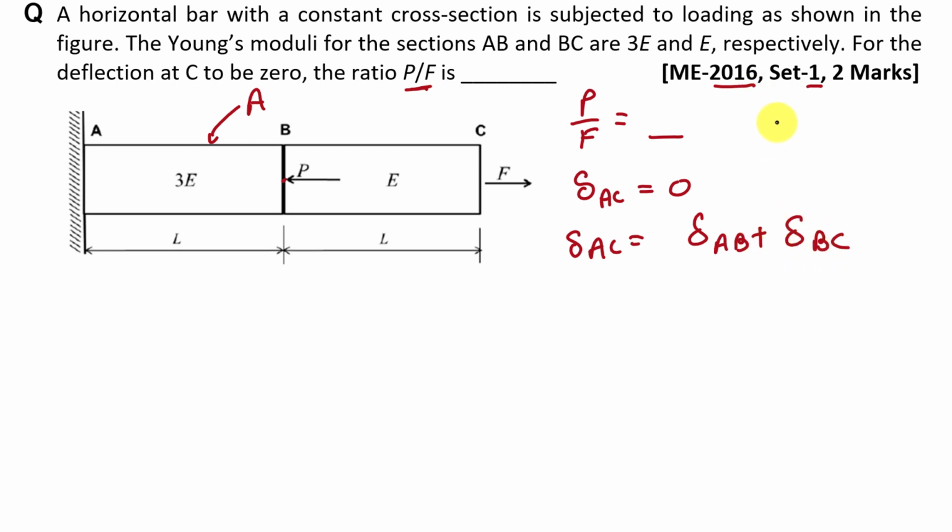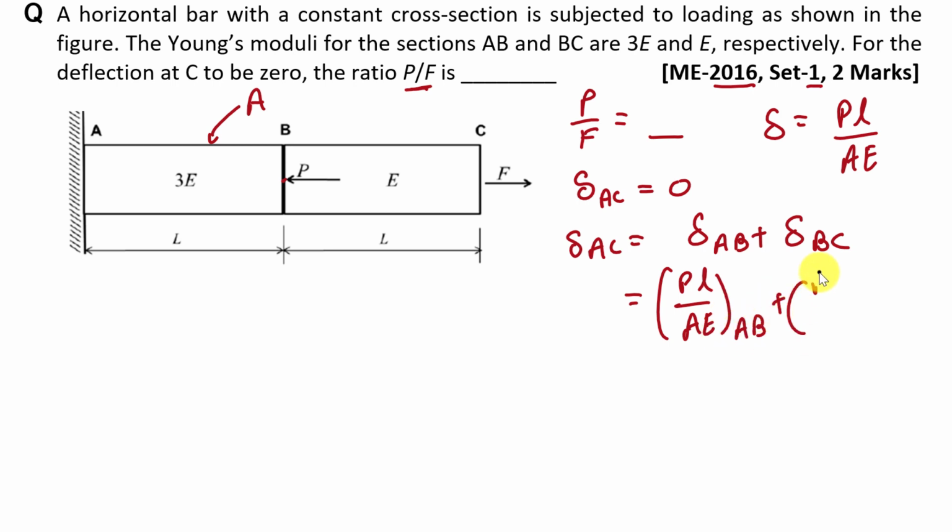We have equation to find out deformation under axial load, that is PL divided by AE. So here we can write that it is equal to PL by AE for section AB plus PL by AE for section BC. In this expression, length, area and Young modulus are given. We have to find load in each segment.